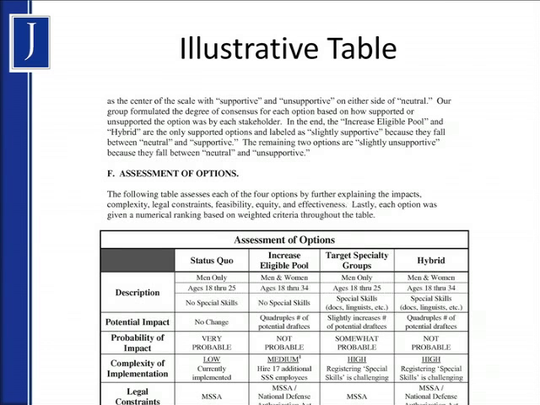There are a variety of dimensions down the side, but there are 4 basic options that are characterized across the top. Notice that the assessment of options section begins with a table heading, and then there is a paragraph before the table that introduces the table and explains what the table is going to say, and then the table appears.